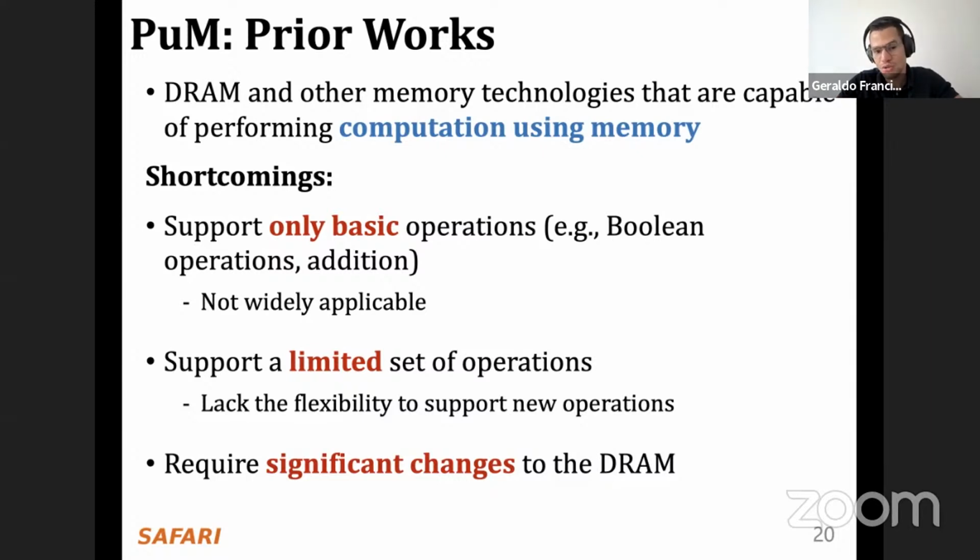What those prior works usually do is propose to include some cells in the sense amplifier, like CMOS gates or some simple NOR or simple FU units, in order to do the computation. But that is quite costly because the DRAM manufacturing process is quite sensitive to changes, in particular to the DRAM array itself.